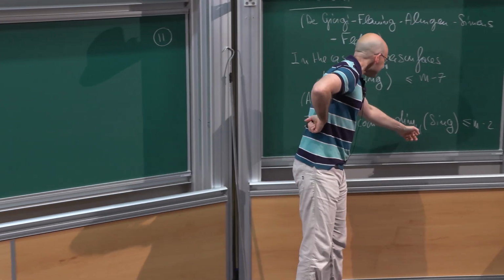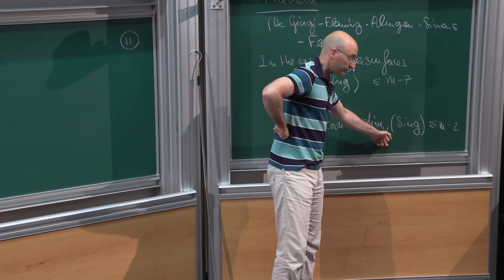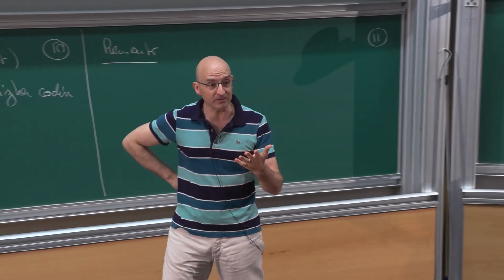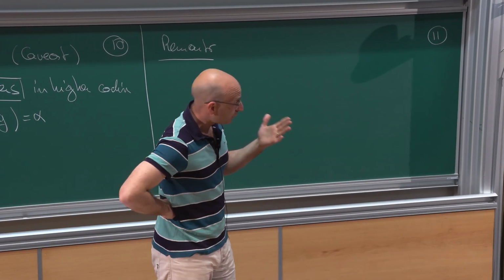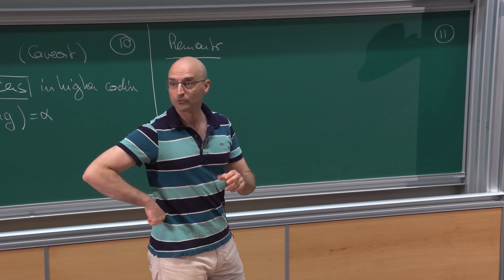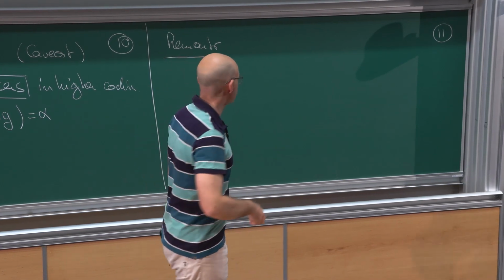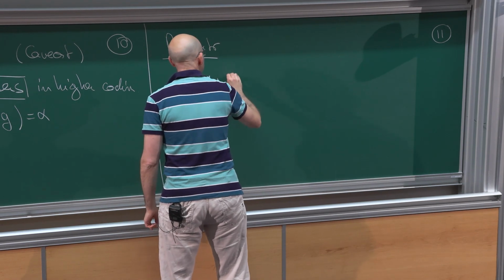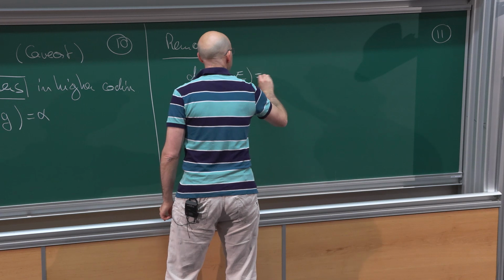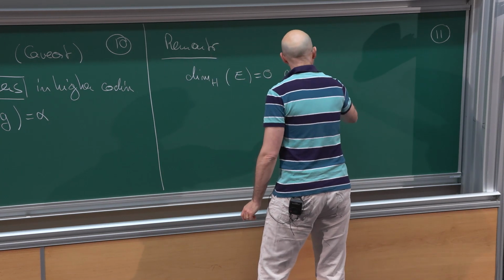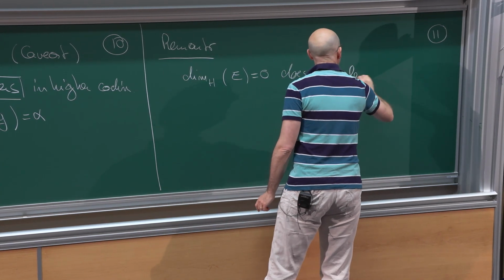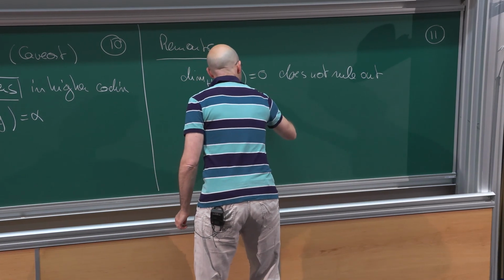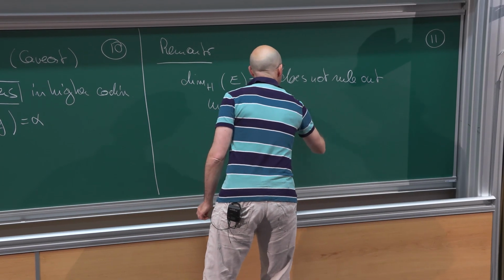But there are closed sets with Hausdorff dimension equal to 0 that are uncountable. Okay? So you might actually be very far qualitatively from what you expect from a nice zero-dimensional set. So a dimension bound for a set which is equal to 0 does not rule out uncountability for E.